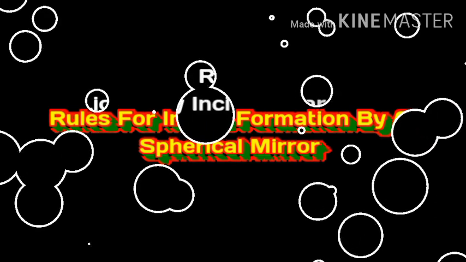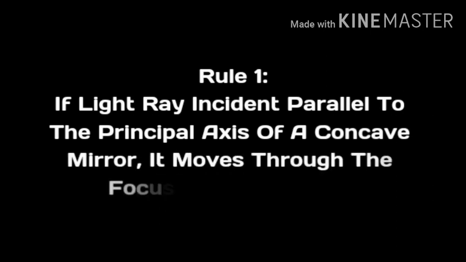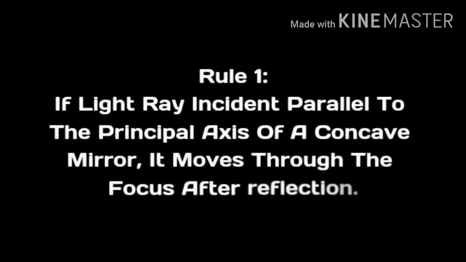For the concave mirror, 4 conditions or 4 rules are there, and for the convex mirror, 4 rules are there. First we can consider rule number 1. In the case of a concave mirror, if the incident light ray is parallel to the principal axis, then after reflection it will move through the focus of that concave mirror.